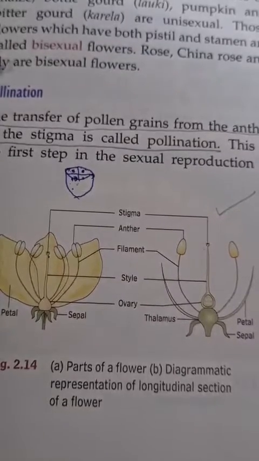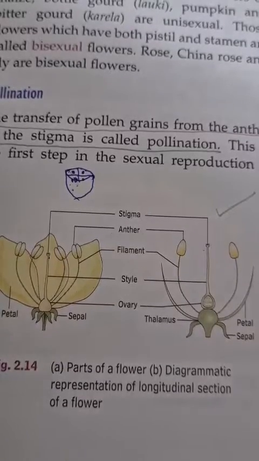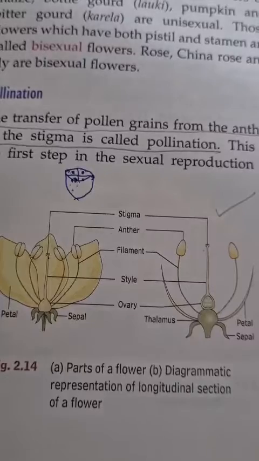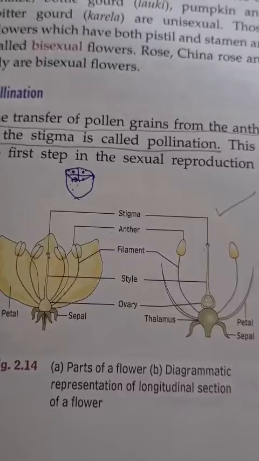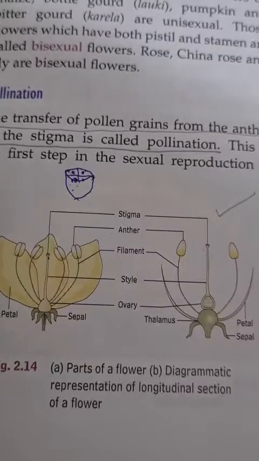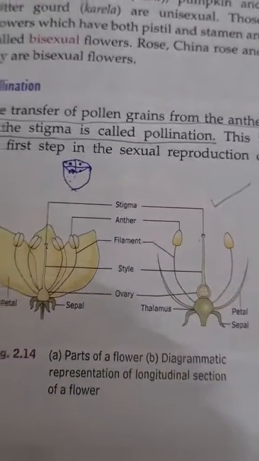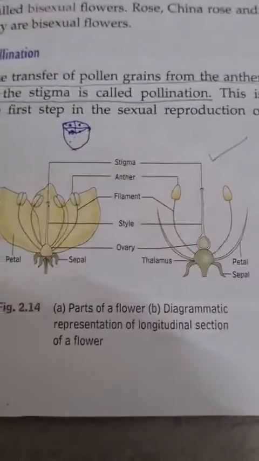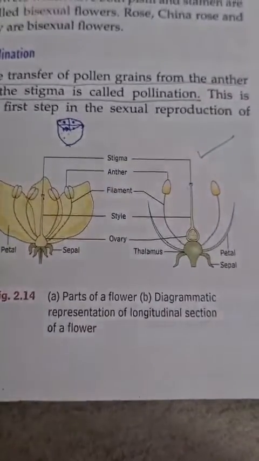Now, as male and female gametes are produced by 2 different parts in the flower, for the process of fertilization they have to meet. For this, there is another very important process, and that is pollination. Pollination is the transfer of pollen grains from anther to stigma.